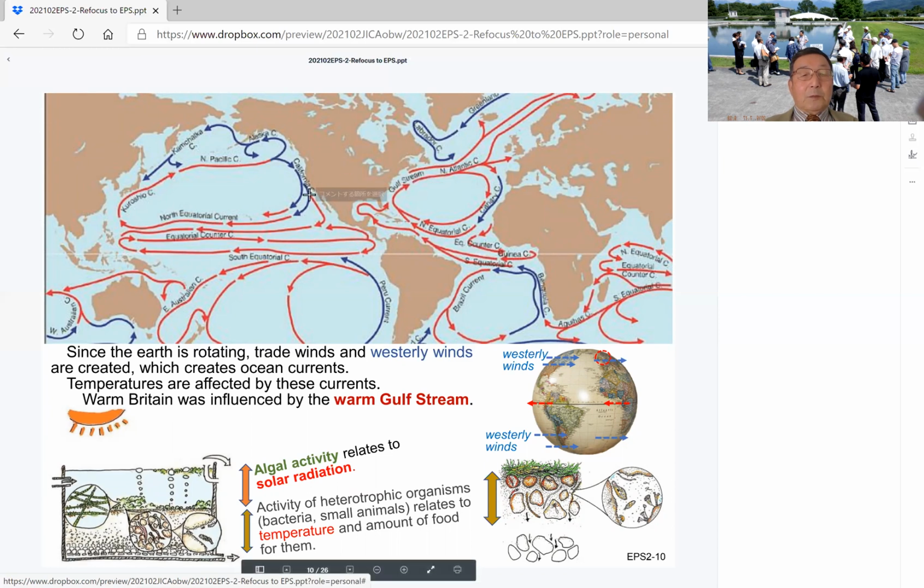The West Coast is very cold and the East Coast is warm. This is due to the biological activity of the algae and heterotrophic organisms. We have to remember the activity of algae and heterotrophic organisms.